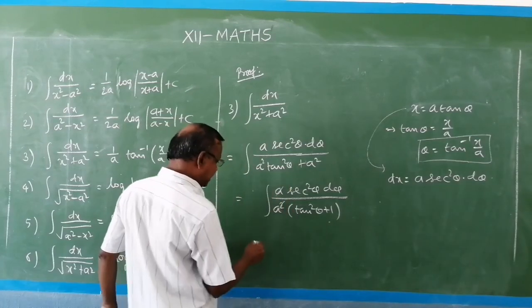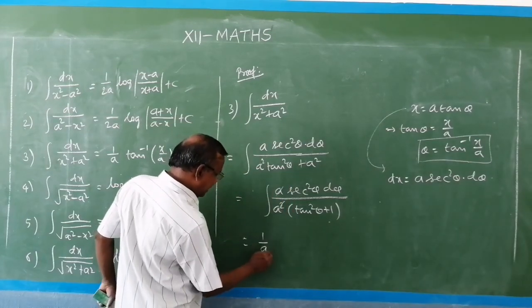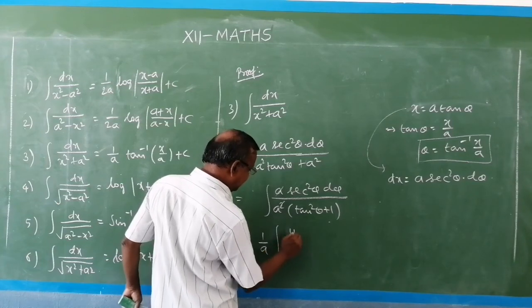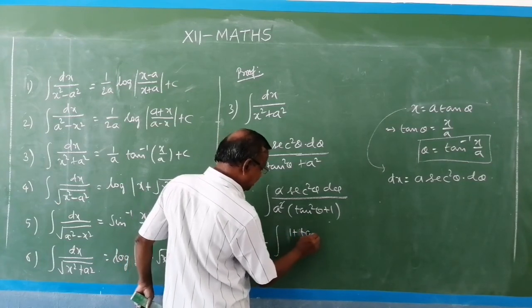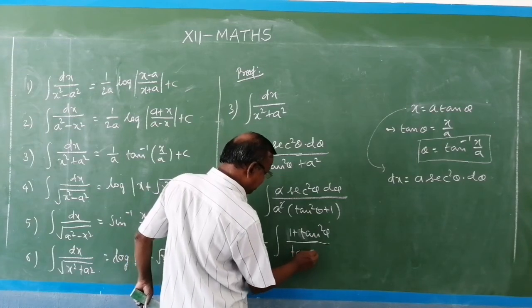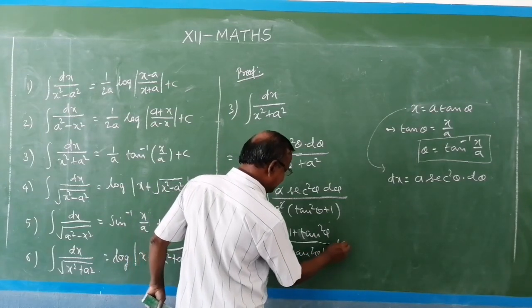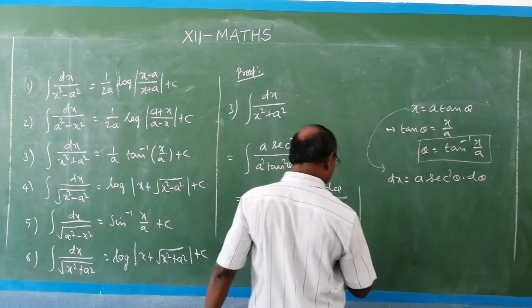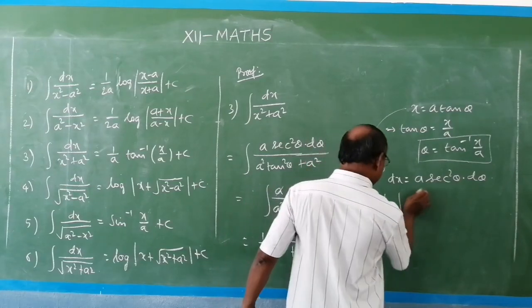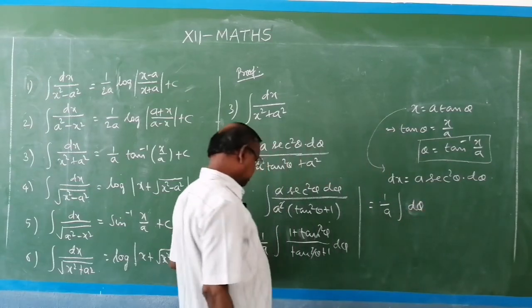So one a cancels. Here 1 by a integral, secant square theta can be written as 1 plus tan square theta. So 1 plus tan square theta divided by tan square theta plus 1 into d theta. So this is equal to 1 by a integral d theta.